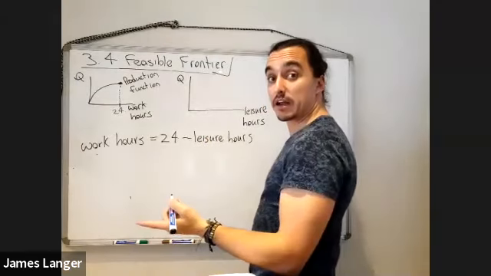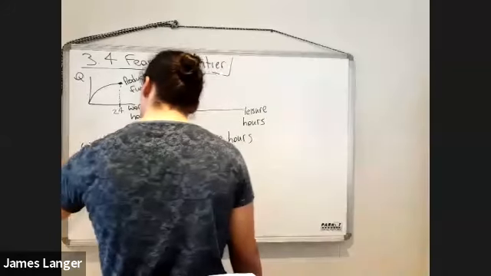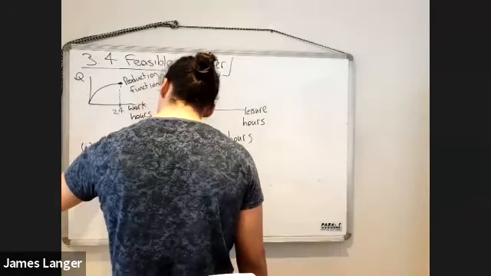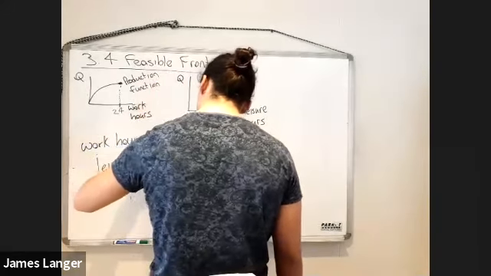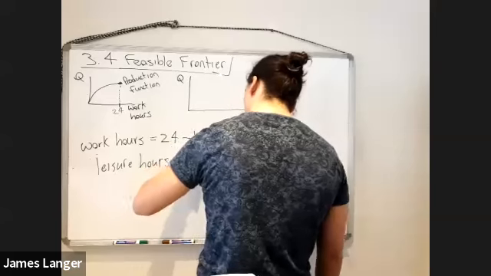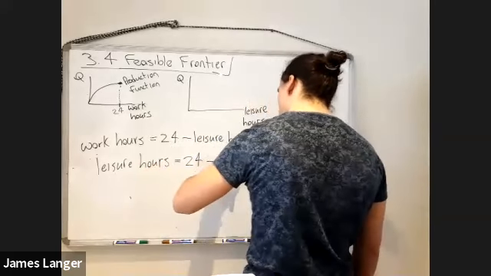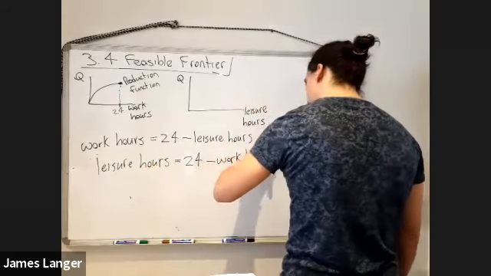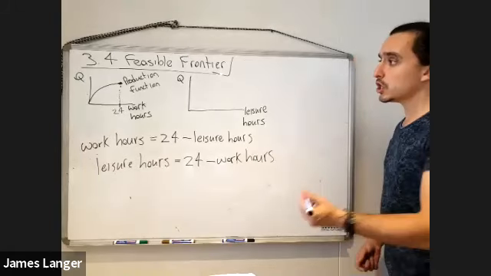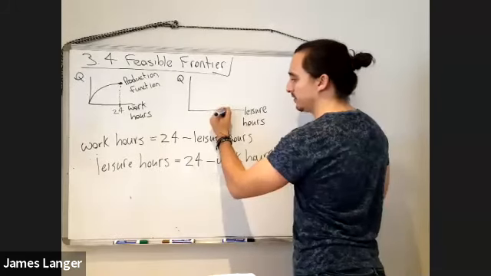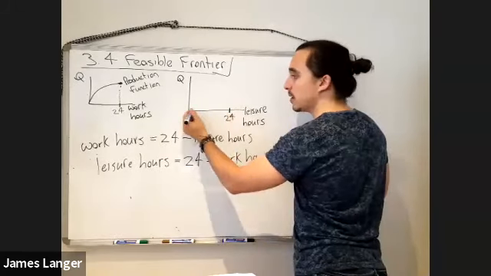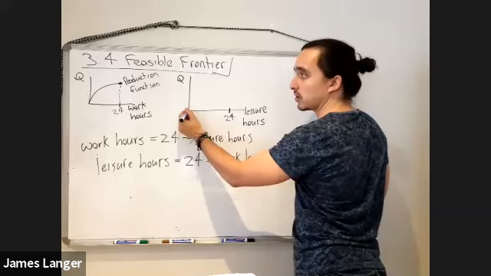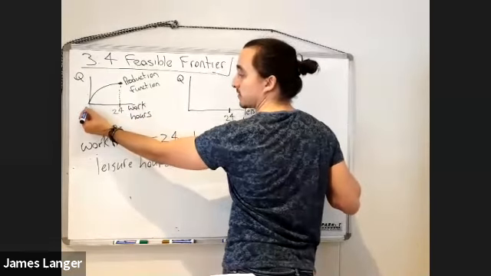Or we can think about it the other way around: leisure hours equal 24 minus work hours. So the maximum leisure I can have is 24, but I will get 0 because I'll be working 0 work hours.